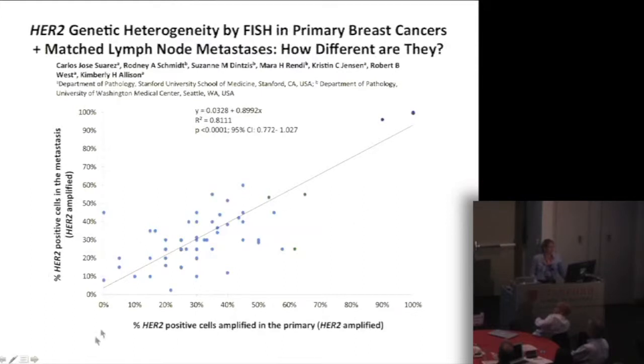And then we looked at the lymph node mets, and because the majority of our cases were not amplified to begin with by traditional definitions or amplified, we didn't have very many borderline cases. We saw a nice sort of linear relationship. Yes, the populations increased or decreased in the lymph node mets, but no cases were flipping. I think we only had one case that flipped from a negative to a positive result.